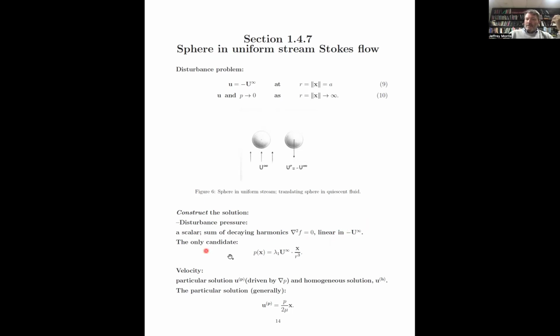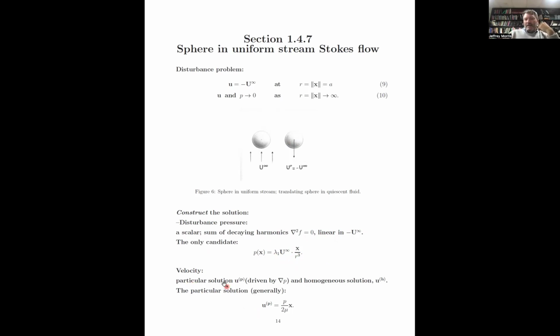And it turns out there's only one candidate that satisfies the harmonics and linearity and gives me a scalar back. That is to say it's equal to u infinity dot x divided by r cubed. So x here is the vector from the surface of the particle, so it's r times some function of angle. And so this decays as 1 over r squared. So that's an immediate result that we understand from this problem.